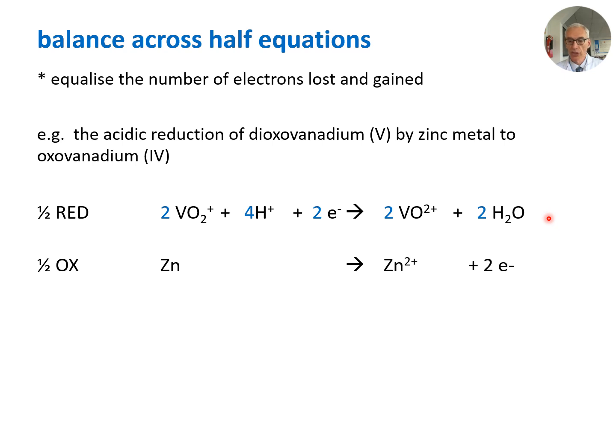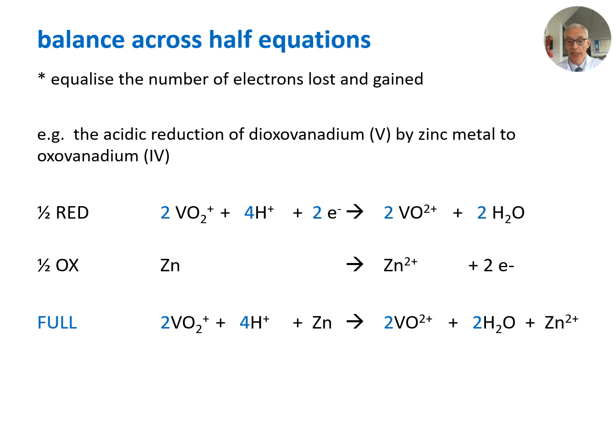And we can of course derive the full balanced redox equation by summing the reactants and summing the products and eliminating those things that appear on both sides. So for instance, here is the balanced redox equation. How is that achieved?